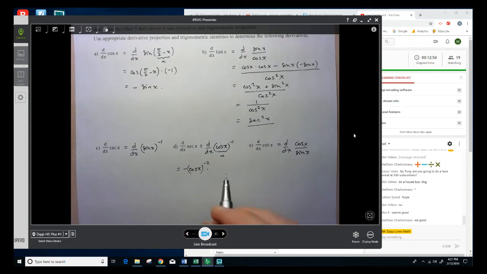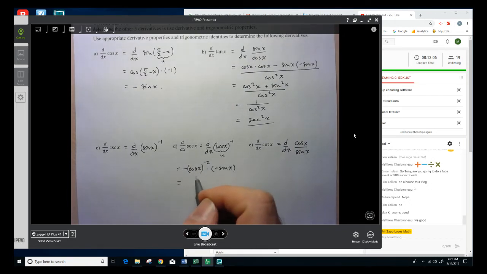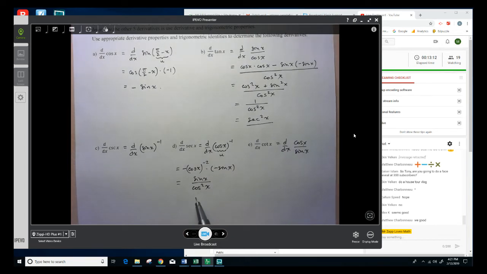Okay, and then we multiply by the derivative of u, and the derivative of cos x is negative sine x. All right, and so what we have, well, the negatives just cancel each other out, and we're left with sine x over cos squared x, which is a perfectly good derivative, but this is not normally how we represent it.